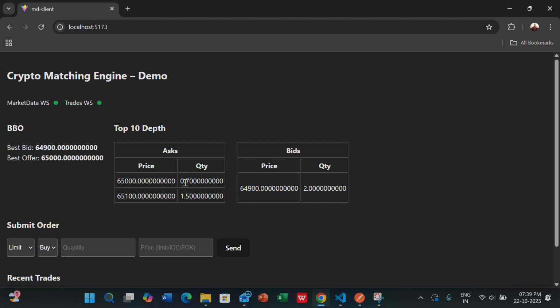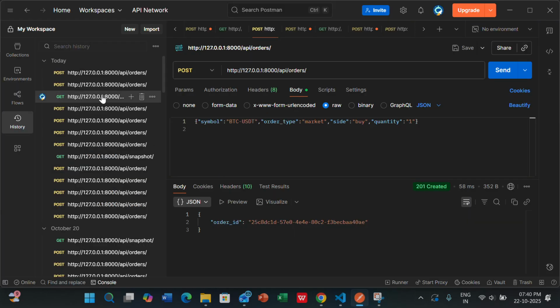So this is the logic that I have worked on. According to FIFO, first in first out, the first has been consumed, and now the remaining is this. To confirm this, we can also try this again.